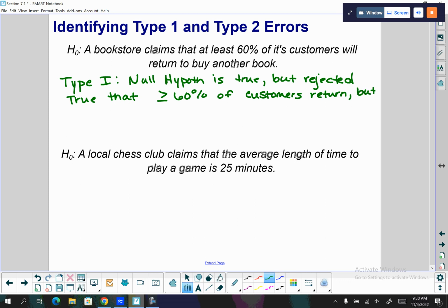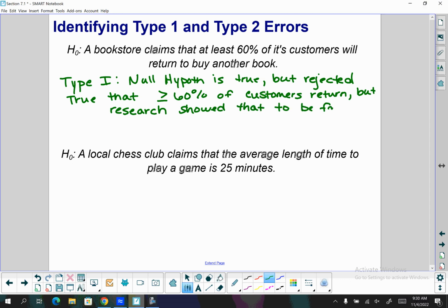But research, survey, sample, whatever was done, showed that to be false. So the bookstore's claim was rejected, even though it was really true. So maybe they did a sample and they showed that only 48% of customers returned to buy a book. So then they rejected the hypothesis that was being made.